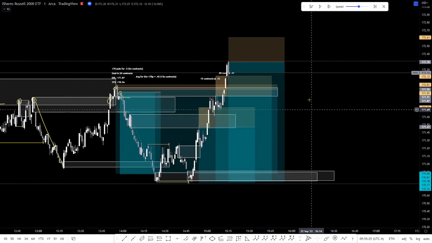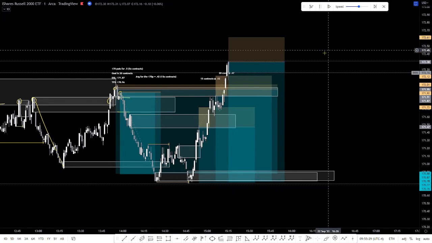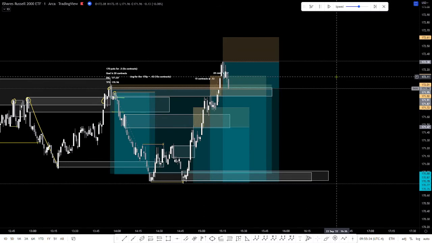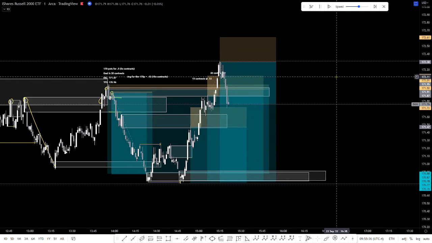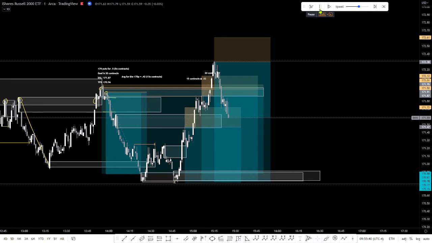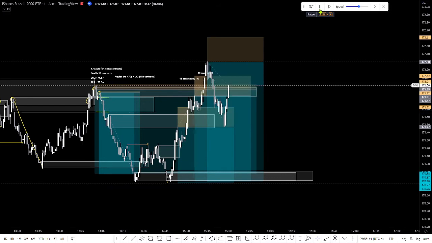But I'm still in this trade, and I'm at like 25 contracts. And I'm waiting for price to come lower, back down to the order block down at the 170, 180 level.